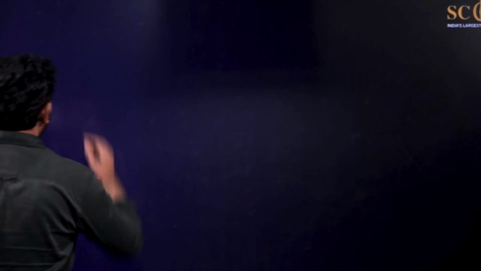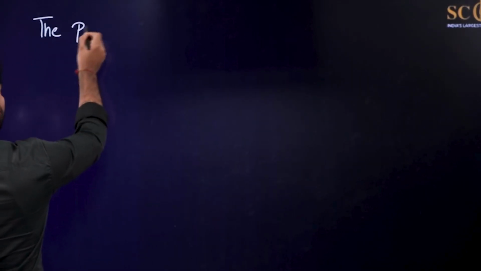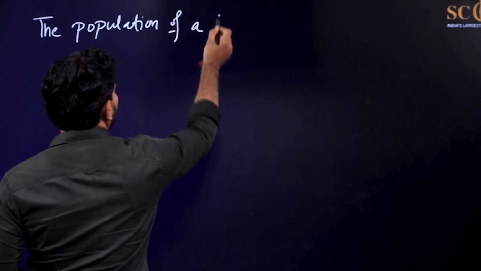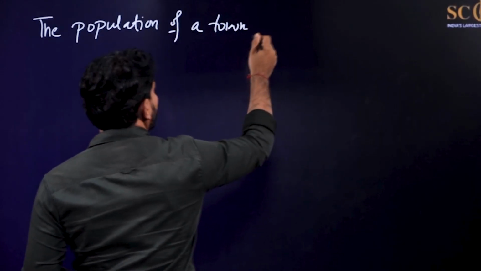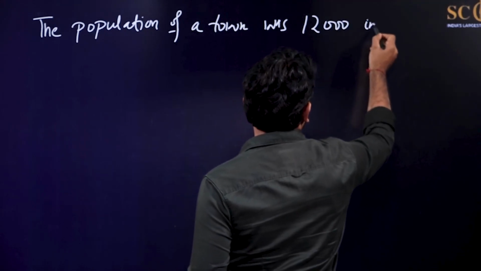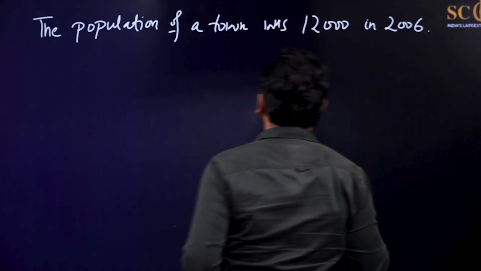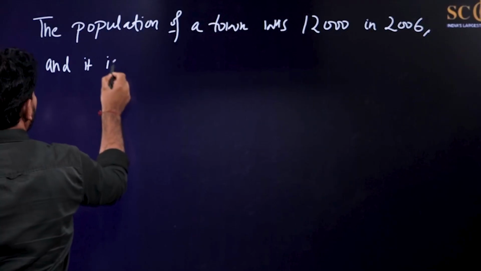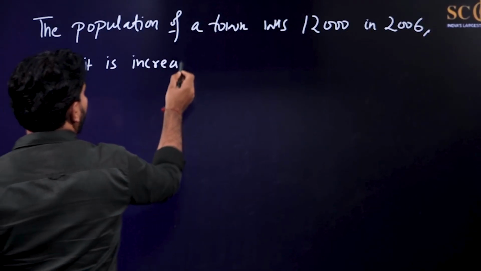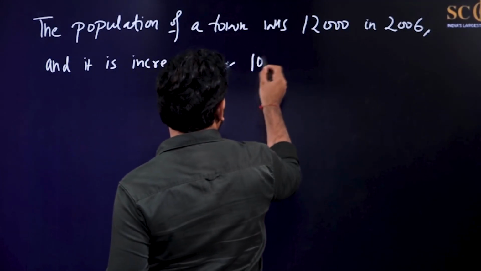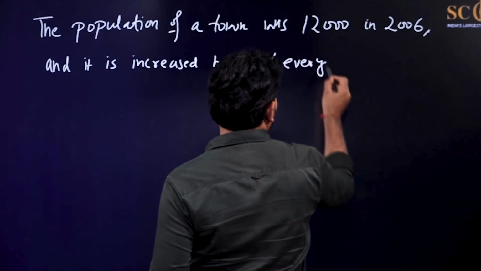Okay, now let us assume there is a population of a town. The population of a town was 12,000 in 2006 and it is increased by 10% every year.